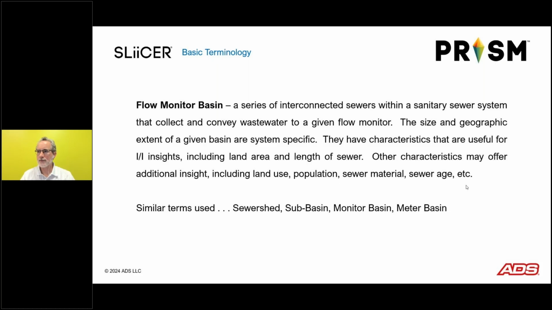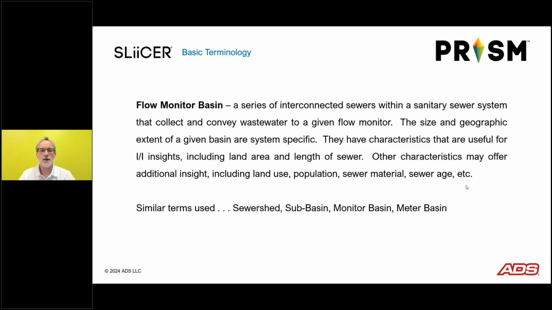But it's also indicative of what's coming from a certain area upstream. So I have a definition here of a flow monitor basin. It's basically just a series of interconnected sewers within a sanitary sewer system that collects and conveys wastewater to a given flow monitor. The size and the geographic extent of these are going to be system specific or project specific. But these basins have useful characteristics for helping us look at I&I.